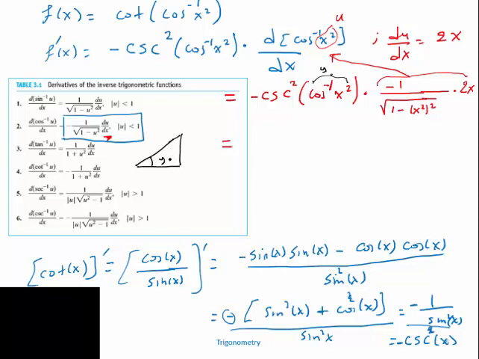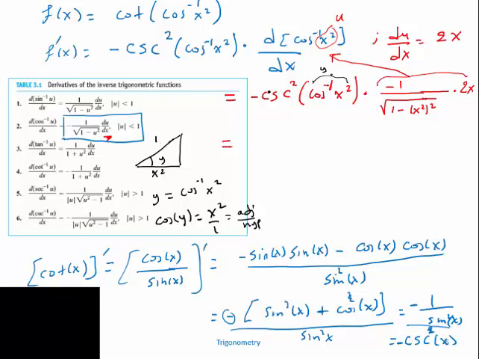So I assumed y, let me write it down here. y is equal to cosine inverse of x square. This indicates cosine y is equal to x square. And we know cosine is adjacent over hypotenuse. So the adjacent is x square and the hypotenuse is 1.